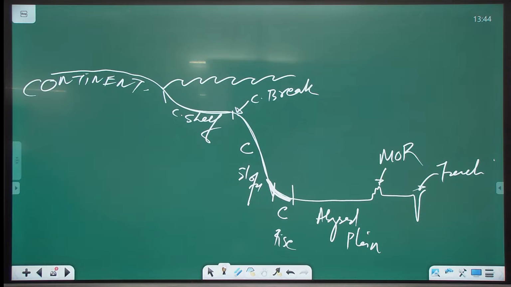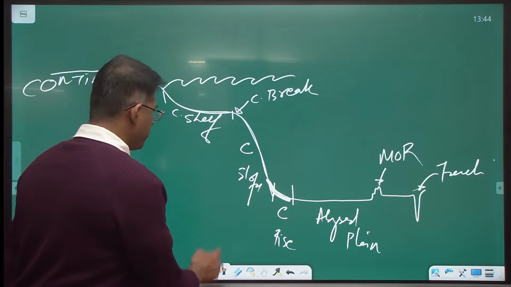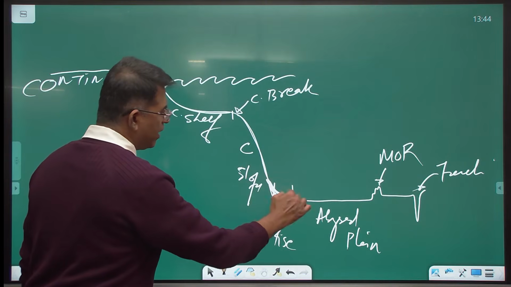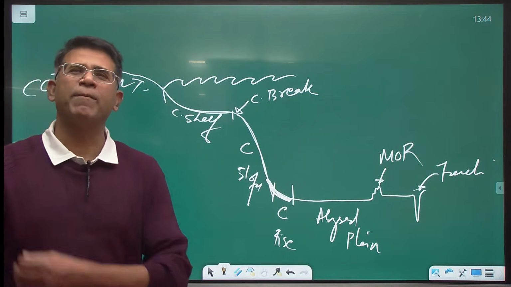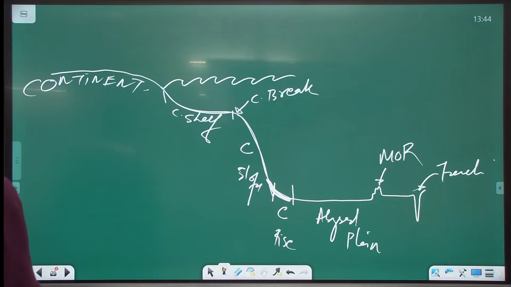After the break, the steep slope is called the continental slope. Then there is a transition zone, it's called the rise. And then we have the plains, the moat, and the trenches. All drawn? The moat and the trench.